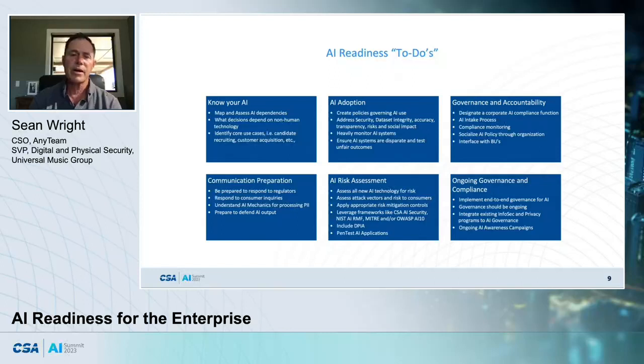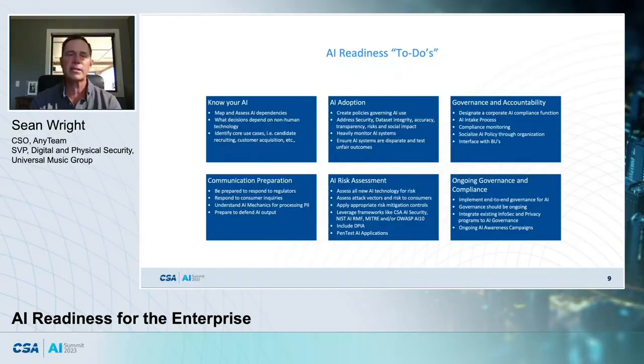Communication prep. You want to ensure that you've developed some level of communication in the form of documentation to enable you to respond to regulators if need be, and to respond to customer inquiries. With that, you'll need to really define and have a lot of visibility around the AI mechanics for processing PII.